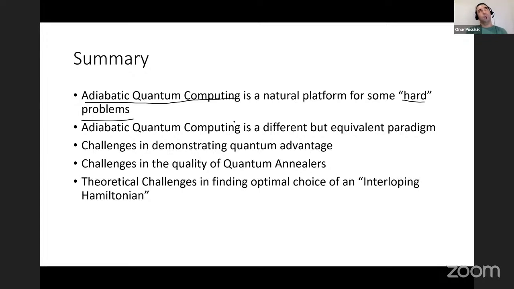In quantum thermodynamics, there are some protocols called shortcuts to adiabaticity. In these protocols, they provide some counter-adiabatic driving, or let's say transitionless quantum driving.